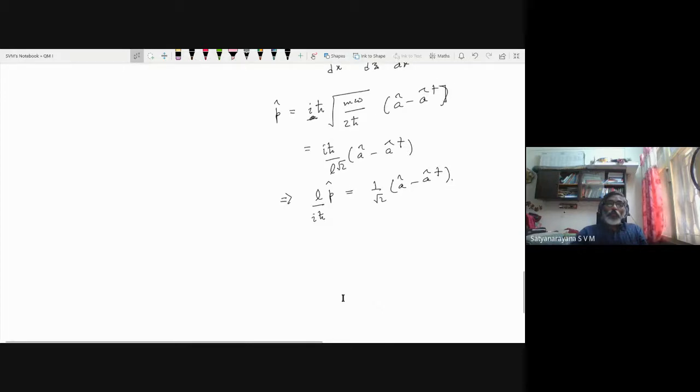Okay, so now what I have is L by i h bar into p. I can write it as h bar by i into d by dx. Okay, so L into d by dx is what I write as d by d xi. Okay, h bar will cancel. It becomes minus L into d by dx.